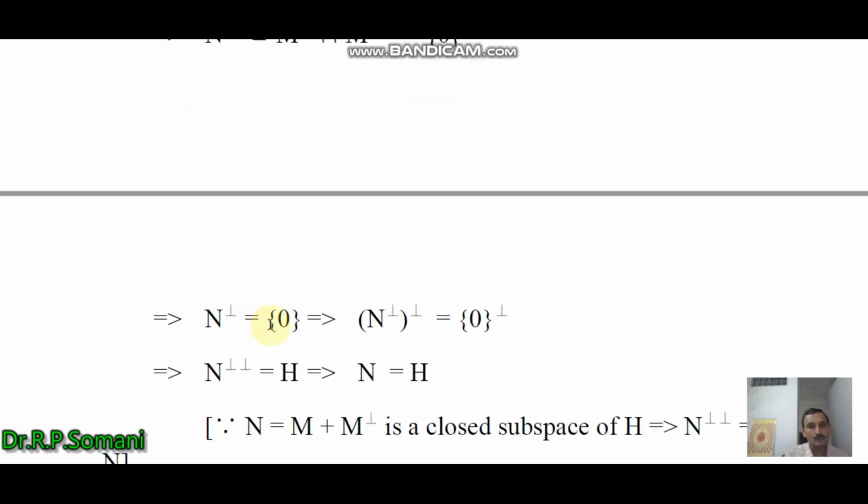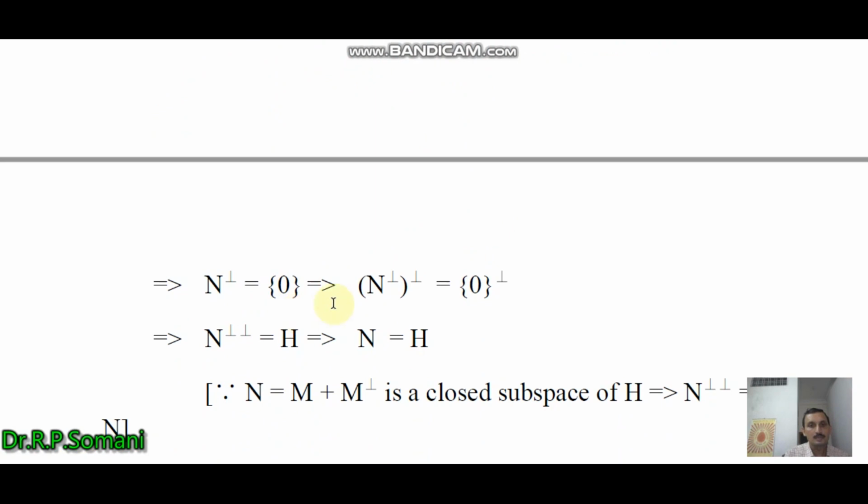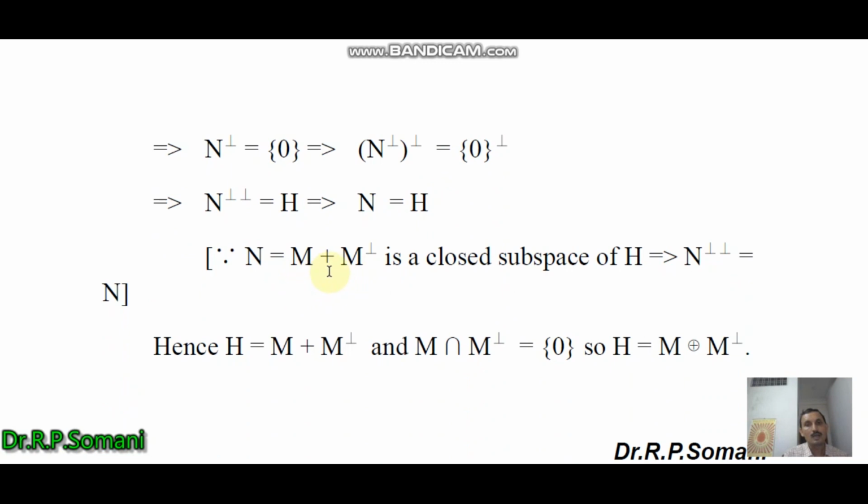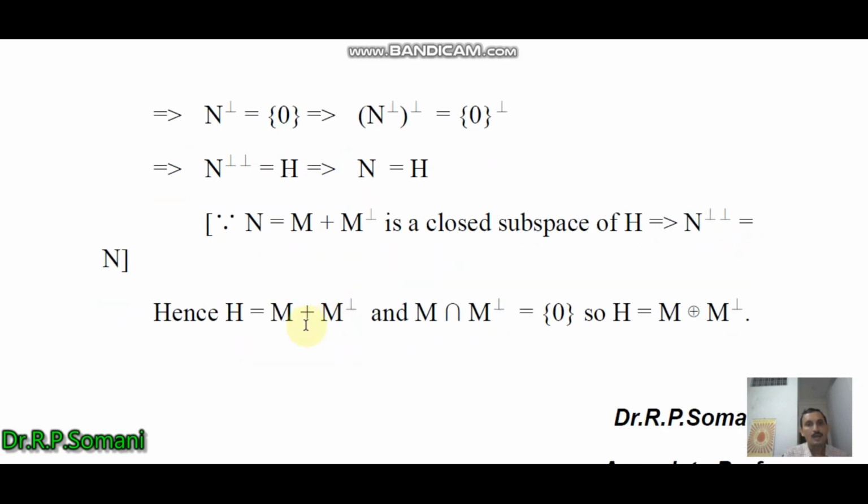Therefore, N orthogonal is a 0 set, and this implies N double orthogonal equal to 0 orthogonal, and this N double orthogonal equal to H, because the orthogonal of the 0 set is equal to H. So this implies that N equal to H, because N equal to M plus M orthogonal is a closed subspace of H, and this implies N double orthogonal equal to N. So hence H equal to M plus M orthogonal and M intersection M orthogonal equal to 0.